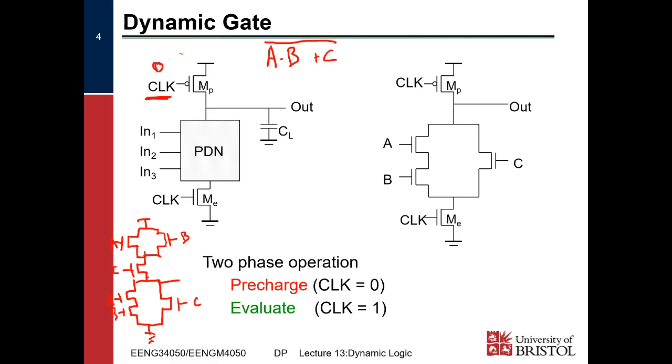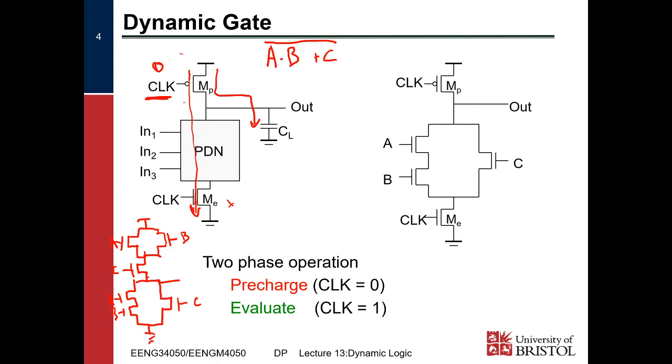When our clock signal is low, this MP turns on and it charges up CL, right? So that happens while the clock is low. If our pull-down network was on at this point and we didn't have this evaluation transistor, then we would have a short circuit all the way down to ground, and this would consume a lot of power and would most likely toast our circuit.